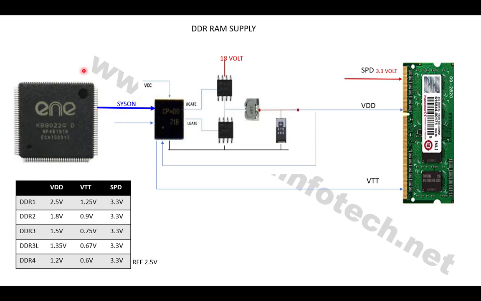In the motherboard, when you press the power button, as soon as the SIO gets the SLP3 and SLP4 signals, then the SIO generates the sys on signal. The sys on signal enables this buck converter, and then this buck converter generates the RAM voltage. If it is a DDR3L RAM, then this 1.35 volt will be generated, and this 1.35 is the VDD to the RAM.